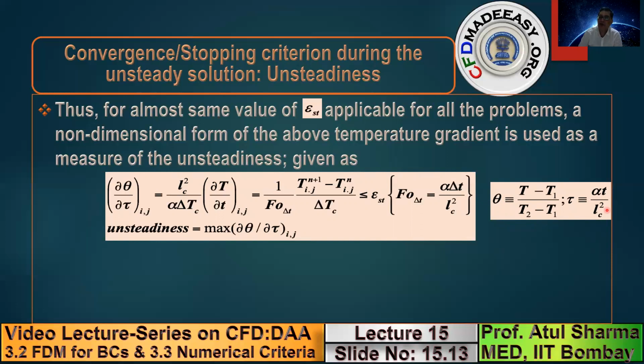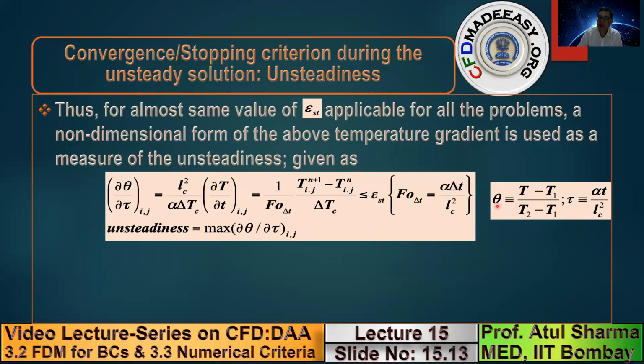For example, when you consider heat conduction in a plate, it has two geometrical dimensions: the length of the plate and the height of the plate. So you can take one of the dimensions as the length scale, and we non-dimensionalize time with respect to it, so the non-dimensional time is represented by alpha t by Lc square.